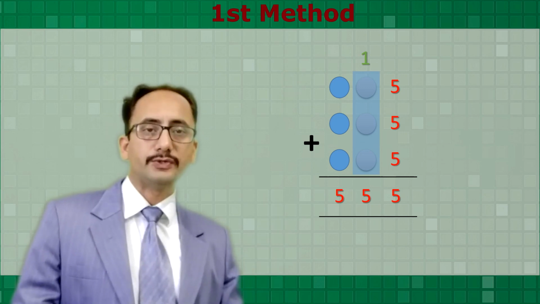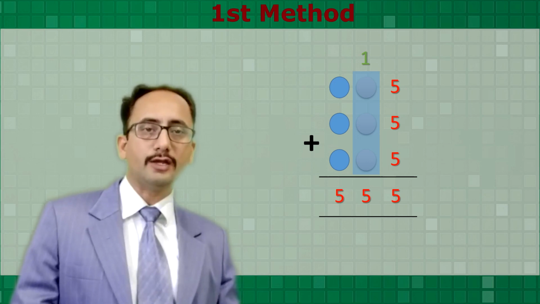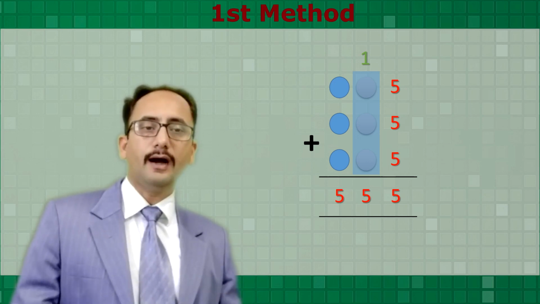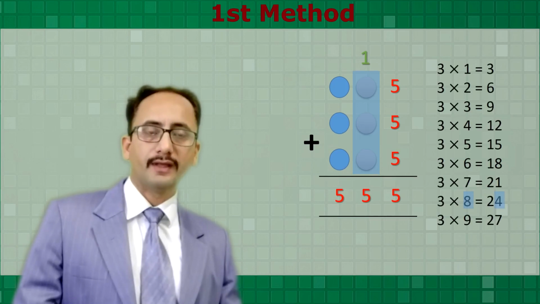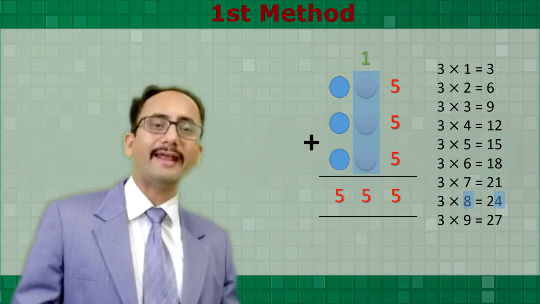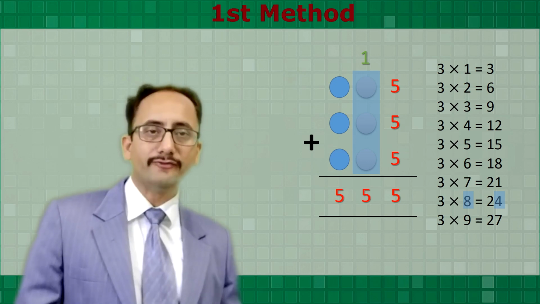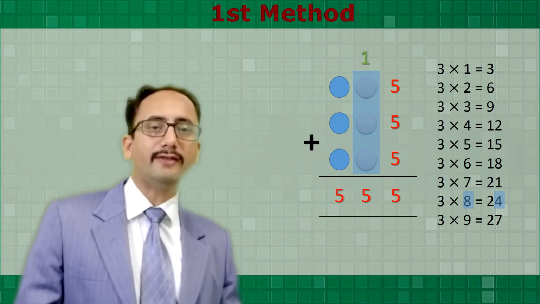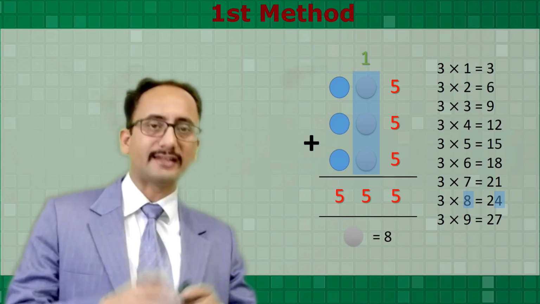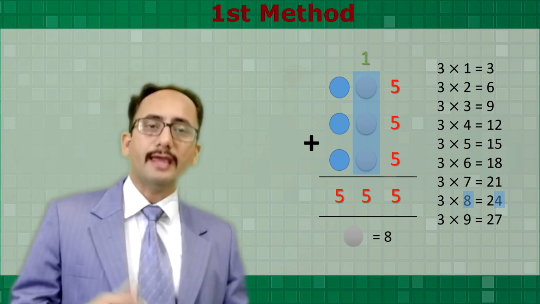I want a multiple of 3 whose ones place is 4. 3 times 8 is 24, and the digit at the ones place of 24 is 4. So the gray dot is equal to 8.